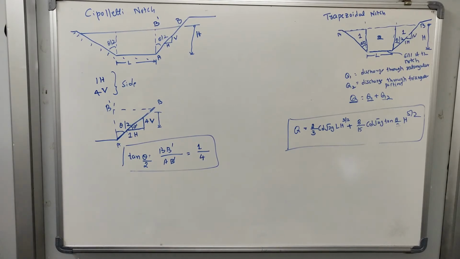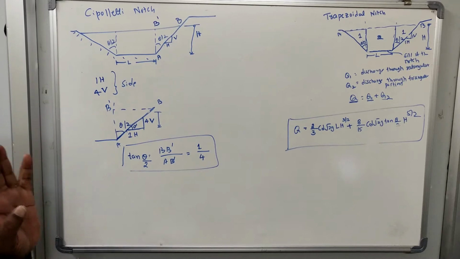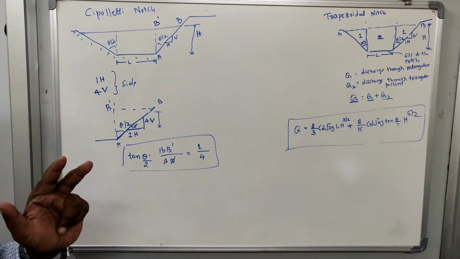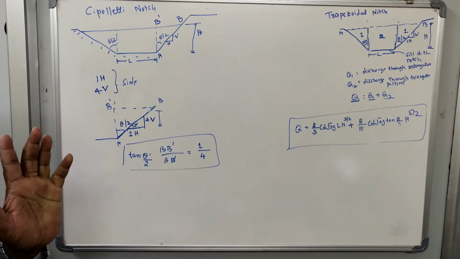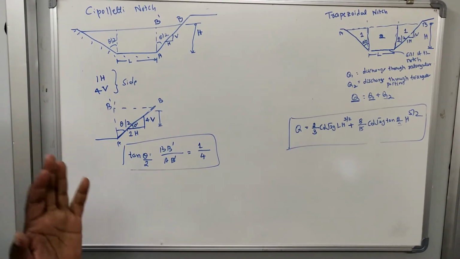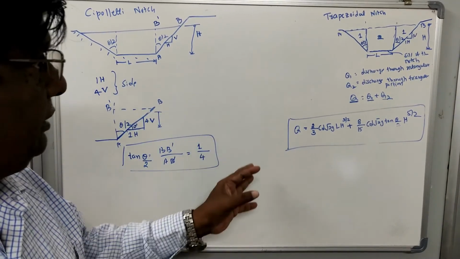Now we have discussed four types of notches or weirs: the rectangular weir, the triangular weir, the trapezoidal weir or notch, and the Cipolletti weir or notch. We have derived the discharge equations.